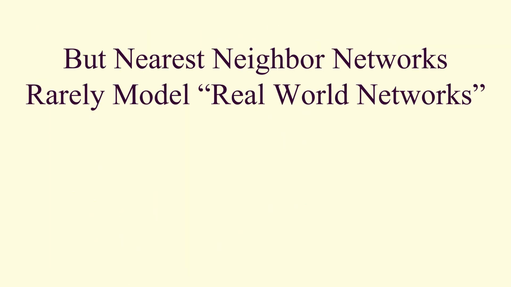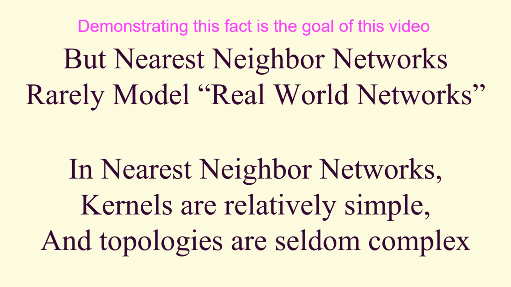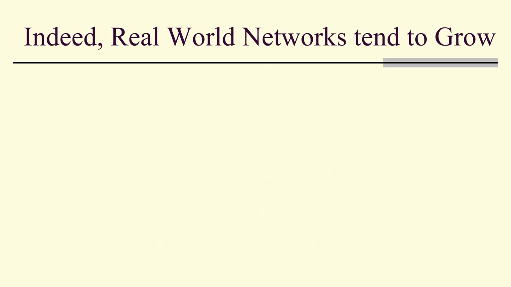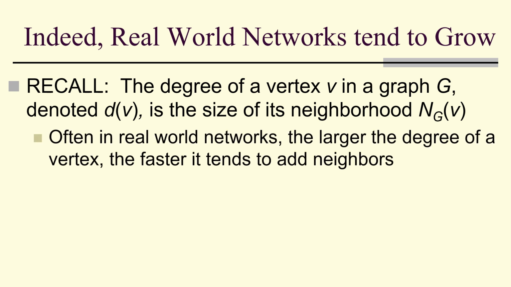But nearest neighbor networks rarely model real-world networks. And this is the goal of this video, to show you this. In nearest neighbor networks, kernels are relatively simple and topologies are seldom complex. So real-world networks tend to grow. The degree of a vertex v in a graph G, denoted d of v, is the size of its neighborhood N_G of v.